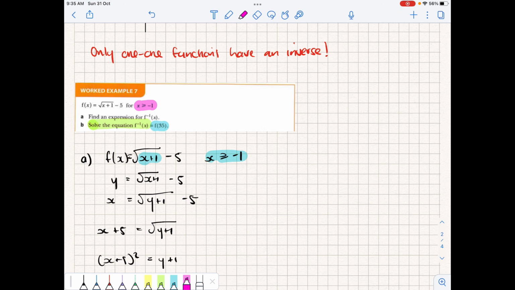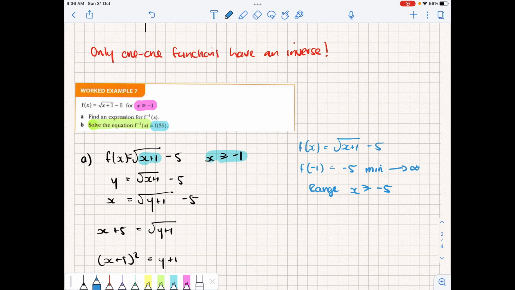So that means the smallest possible value that we could put into the function f of x equal to the square root of x plus 1, minus 5, would be -1, and that would give us -5, right? And if we put in increasingly bigger values, you can see we're going to get bigger and bigger values. This means that this is a minimum value and it would go on to infinity. So the range of my original function is y greater than or equal to -5.